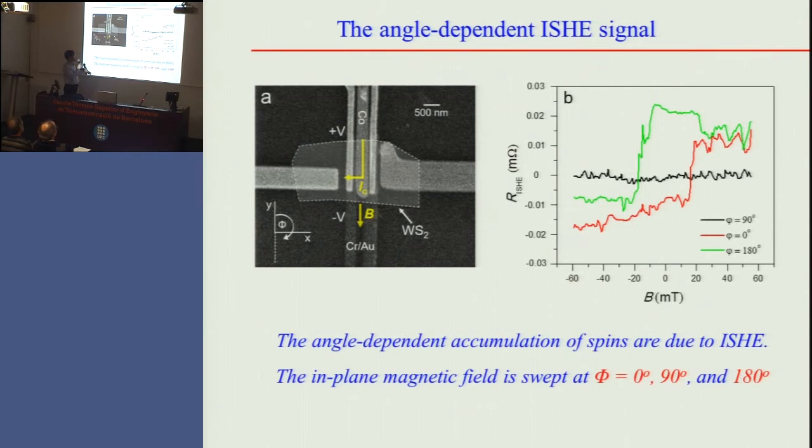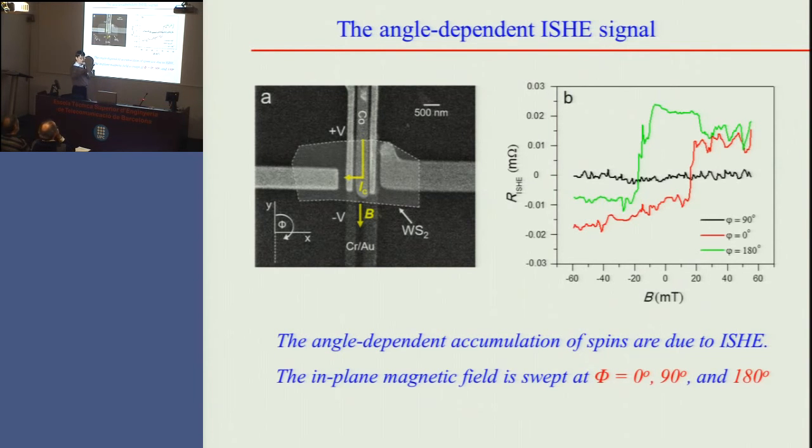More proof of that is this: if you align your magnetization in this way, the injected spins are oriented not this way but like that, along the channel, and there is no deviation of electrons.